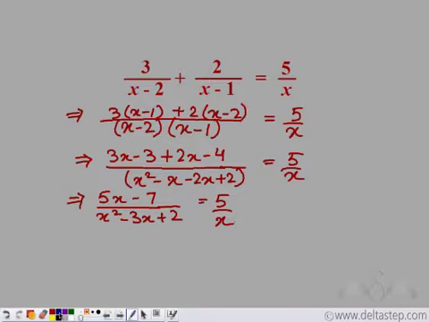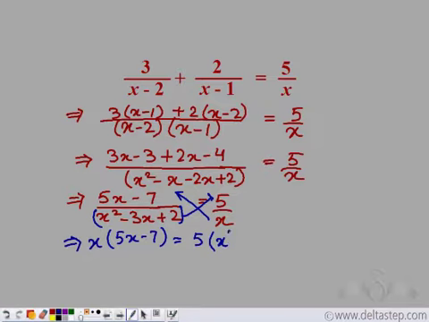So now we have something by something is equal to something by something. So cross multiply. So we get x into 5x minus 7 is equal to 5 into this entire thing, because this entire thing is the denominator of the left hand side. So this entire thing will be multiplied with the numerator of the right hand side.